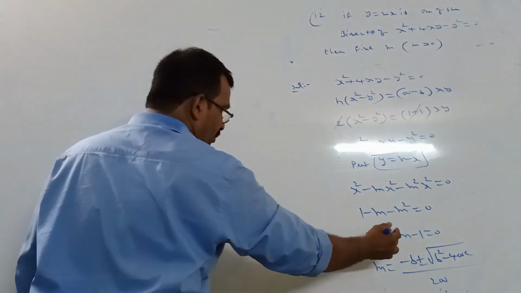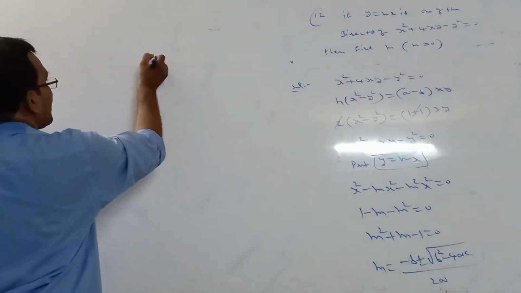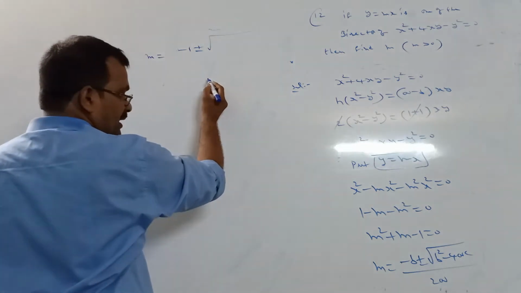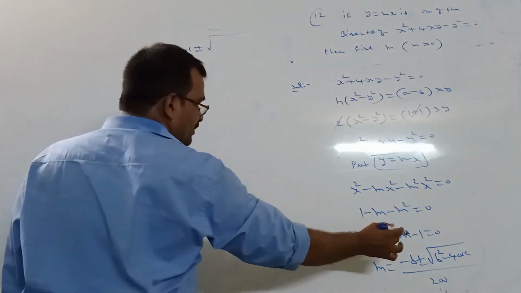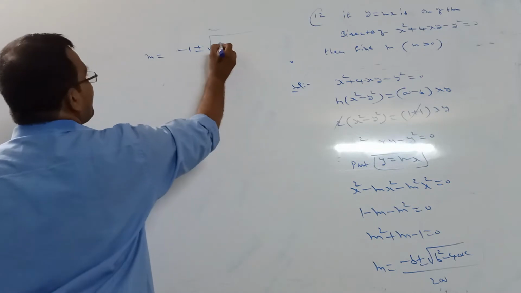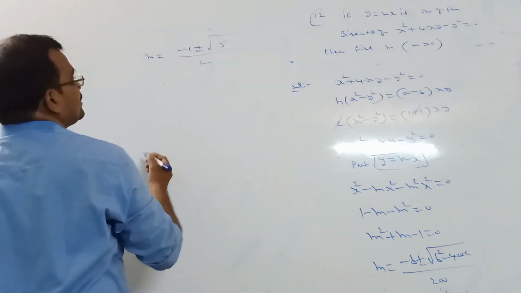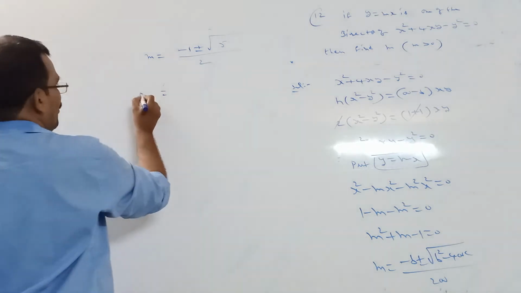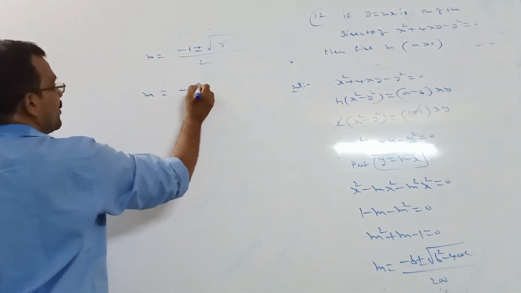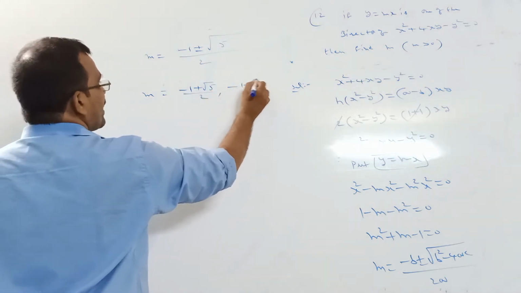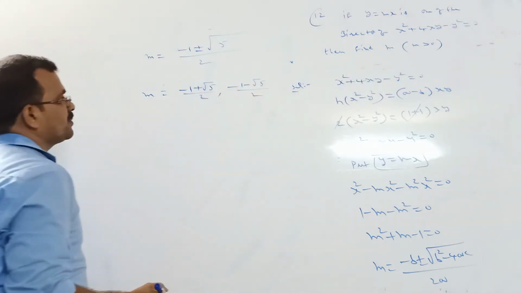Here b is 1. m equal to minus 1 plus or minus root of b square, which is 1, minus 4ac, where a is 1 and c is minus 1, so 1 plus 4, which is root 5, by 2a, which means 2. Here there are two values: m equal to (minus 1 plus root 5) by 2 and (minus 1 minus root 5) by 2.